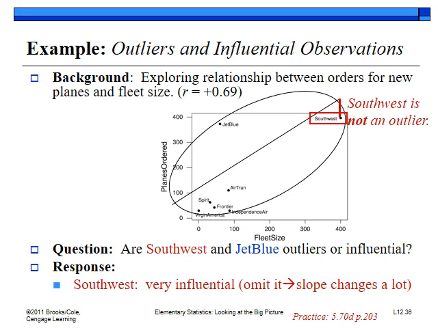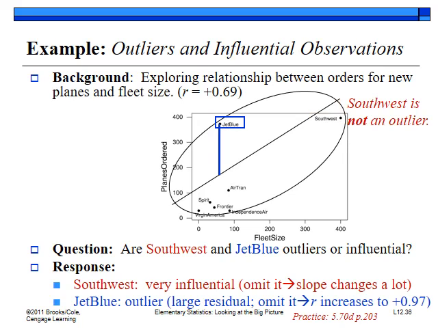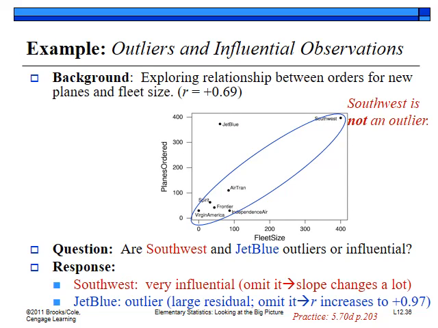That makes it not an outlier. JetBlue, on the other hand, is an outlier. It has a very big residual. If you drop it and look at just the points that remain, R goes up by quite a bit, from 0.69 to 0.97.